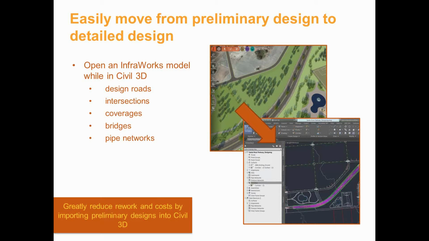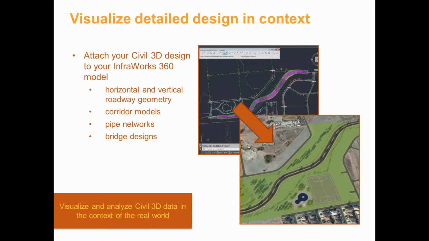So now you can actually bring in the InfraWorks model live into Civil 3D, and then you can even make changes in Civil 3D, and then you can go back to your InfraWorks and see those changes updated on the fly. So not a lot of import-export features that we had to do before. So that's going to be available to you for things like your design roads, intersections, coverage areas, bridges, as well as pipe networks.